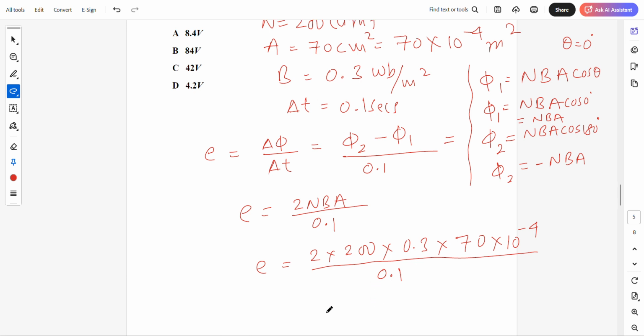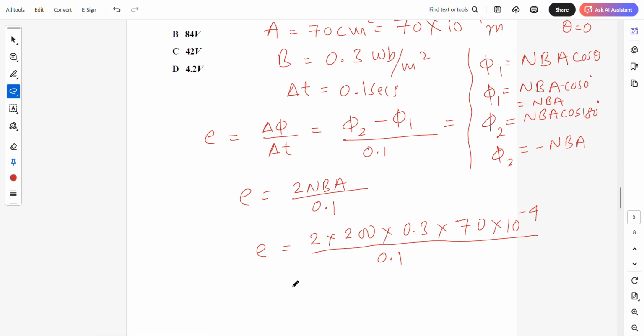Now you start multiplying this. How much are you going to get? I can take this as a 3. E is equal to 2 into 200 into 3 into 70 into 10 to the minus 4, which is 2 into 4, 4 is 12.